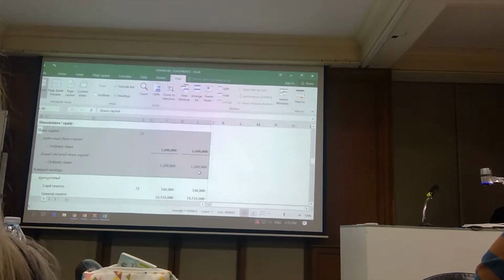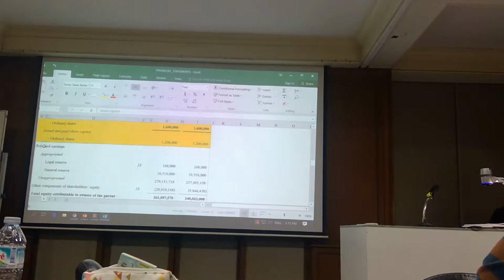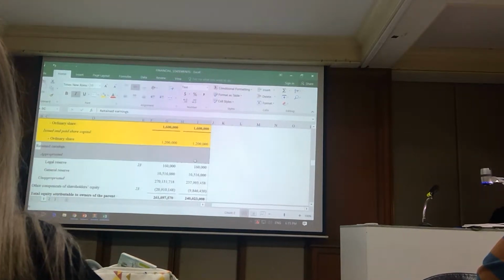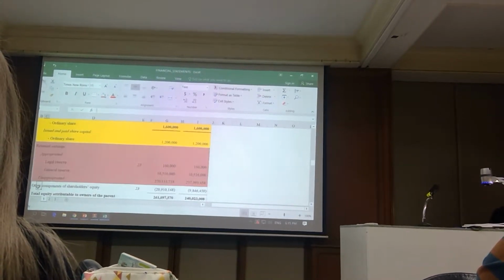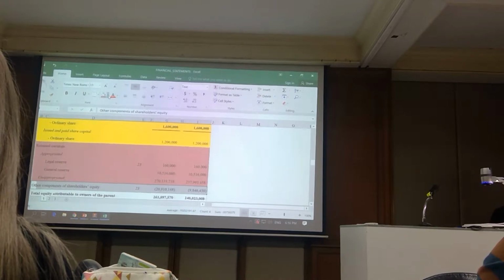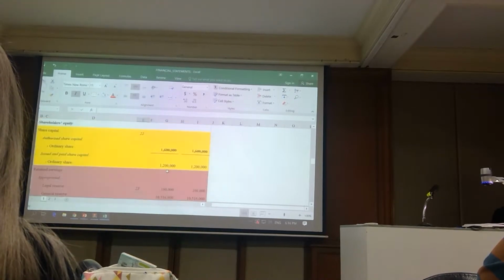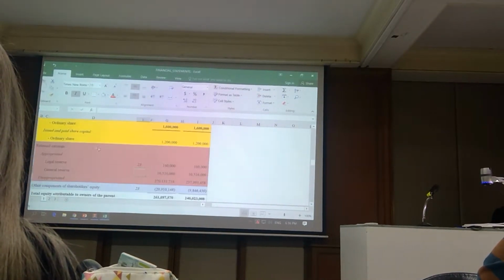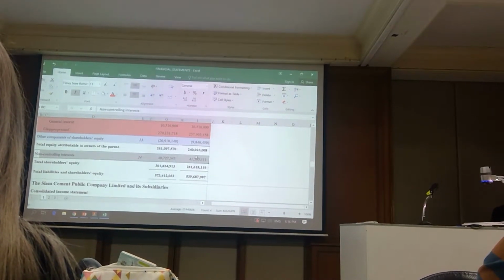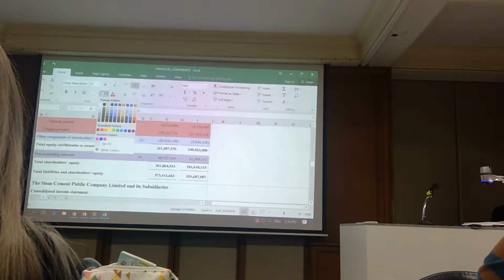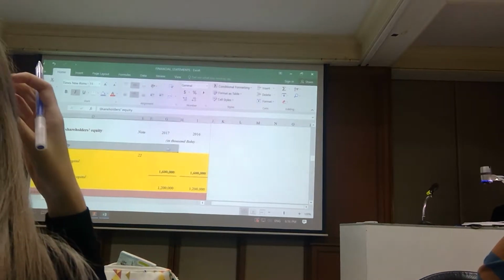You have the capital part. You have the retained earnings part. And you have this part, which is other components of shareholders' equity. That's why you have all these structures right here: registered, issued and paid-up capital, and this is what you just learned last week, NCI, non-controlling interest.